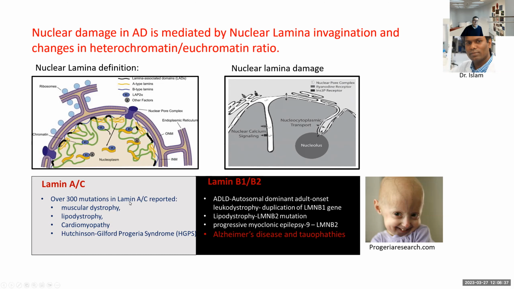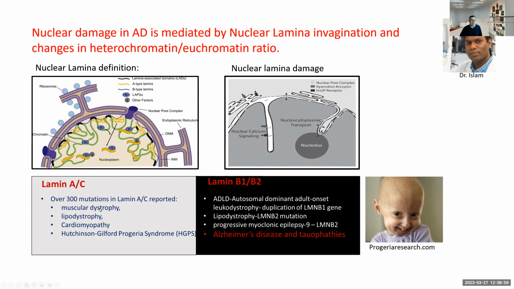And these are very commonly related to laminopathy in tissues other than the central nervous system. There are about 300 mutations, mostly in the mesenchymal tissue. These are related to, for example, the progeria disease that you know of.